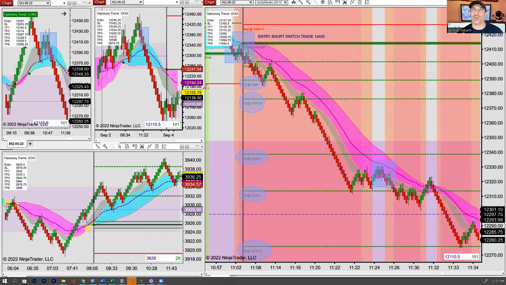The second rule is we need an aura cloud to shift from positive to negative. It happened right there. Third, we need a signal in that area, and the most lucrative signals are between target number one and the entry point. That is the entry point to the system, and that is target number one. As long as the signal happens in this area, that is premium behavior.